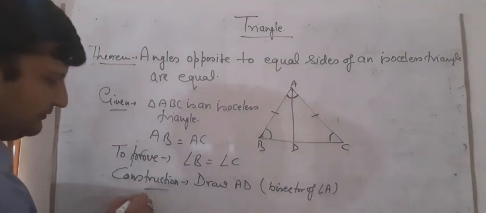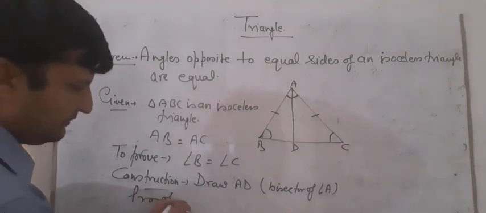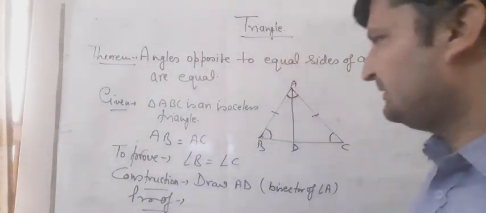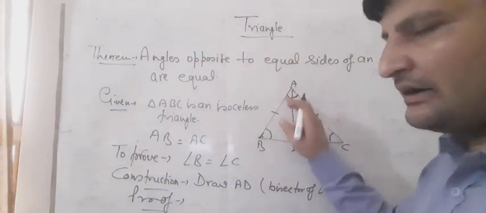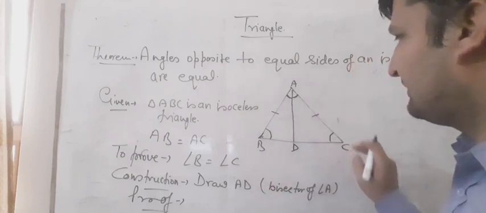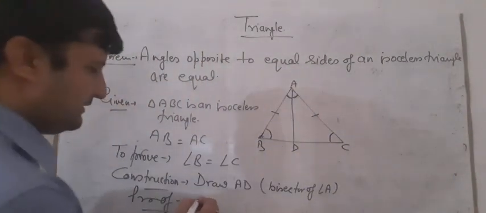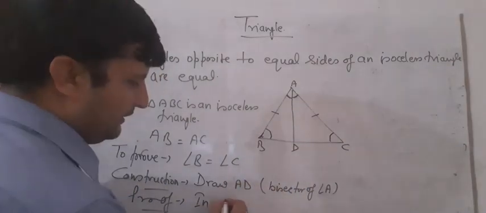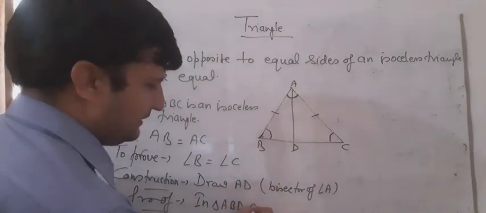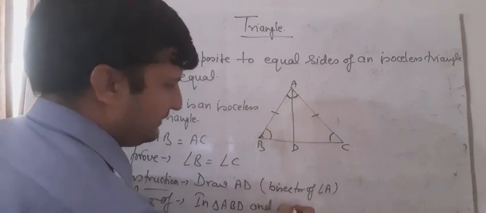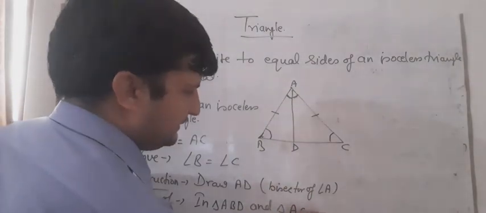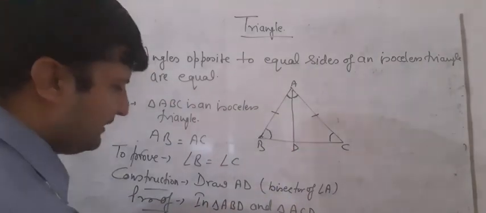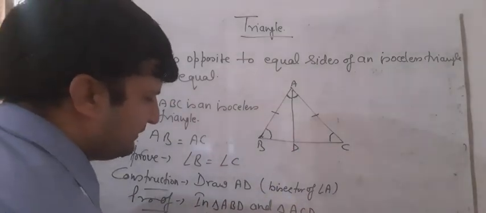So to prove, now students, we have to prove that angle B is equal to angle C. It means we have to take one triangle ABD and one triangle ACD. So we can write: in triangle ABD and triangle ACD, it is given that AB is equal to AC.